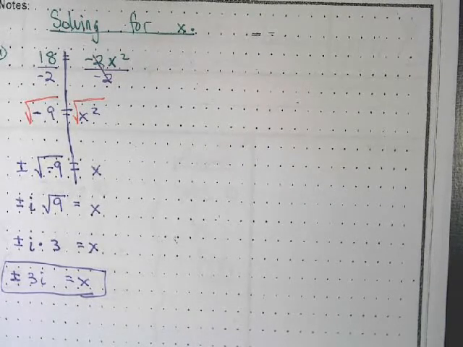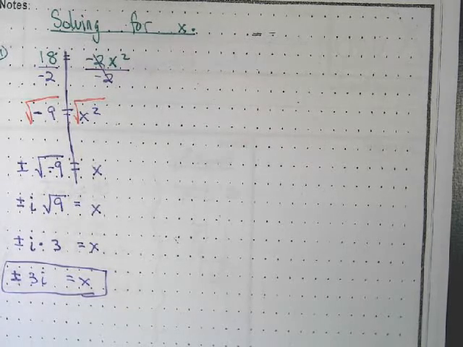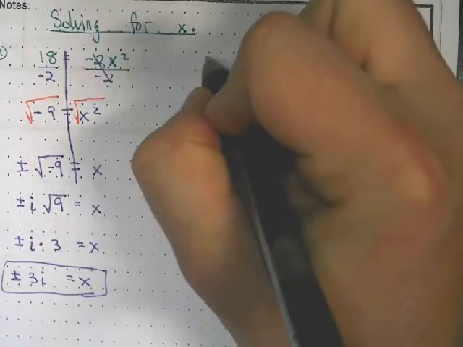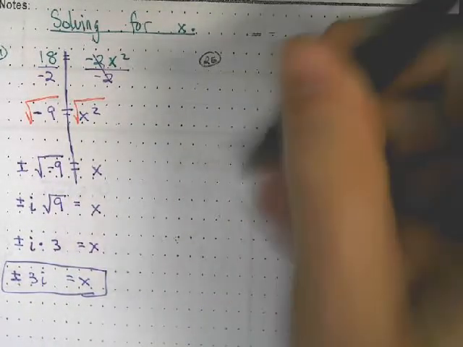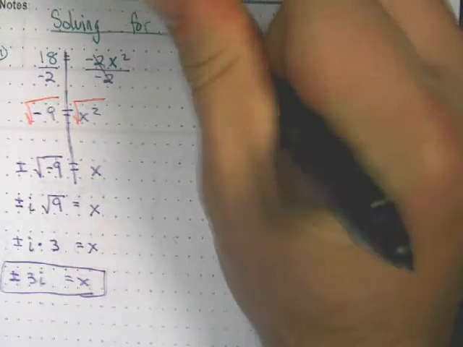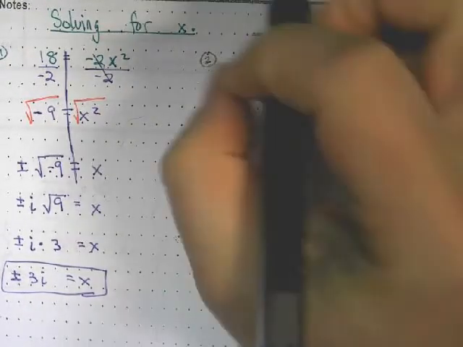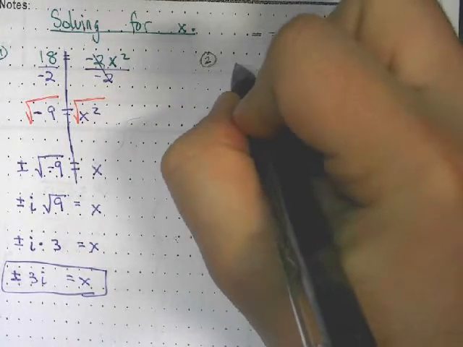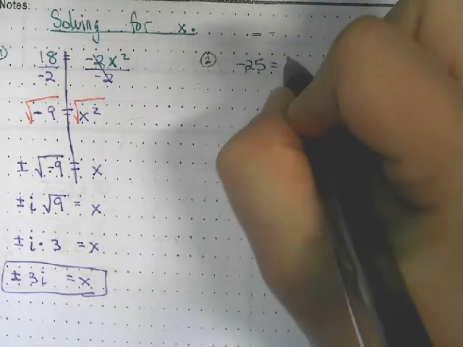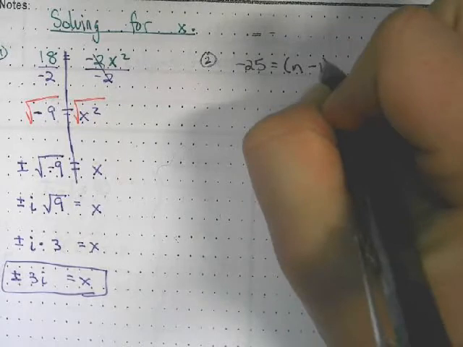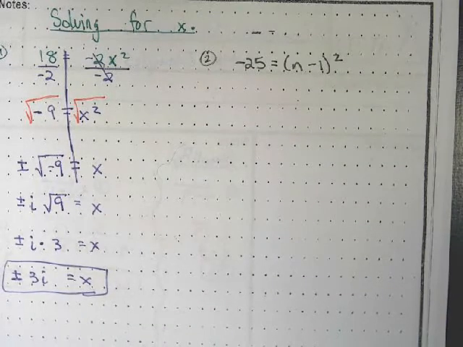Okay, so let's try a different example. Say negative 25 equals (n minus 1) squared.